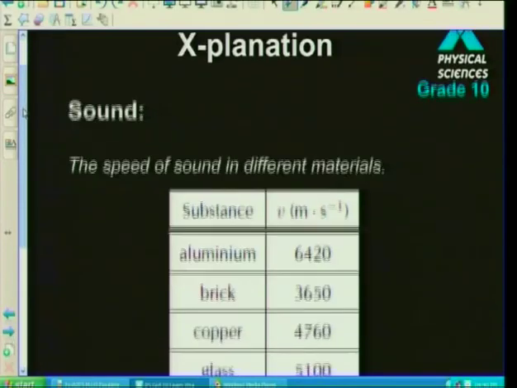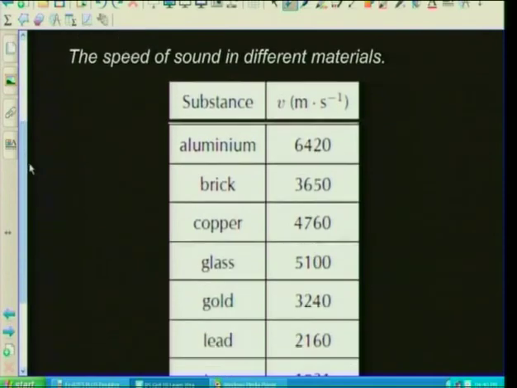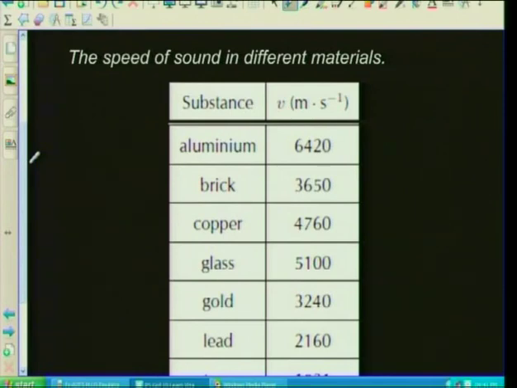Okay? Now, if we look at sound, I've got a table here for us to look at. This is the speed of any sound particle, any sound energy, in different substances. If we have a piece of aluminium, sound will travel at 6,420 meters per second. It's extremely fast, but it's a metallic substance, okay? Being a metallic substance, the particles are close together. It's easy for the energy to move.